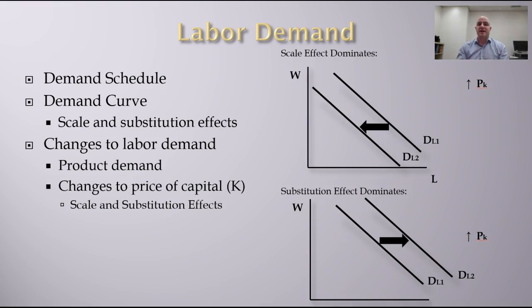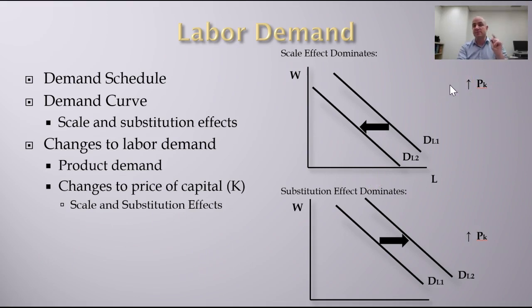If you assume that capital and labor are substitutes in production, which means that if you use more capital to produce the same amount of the product, you use less labor and vice versa, you substitute them for each other. This is what happens if the price of capital goes up.